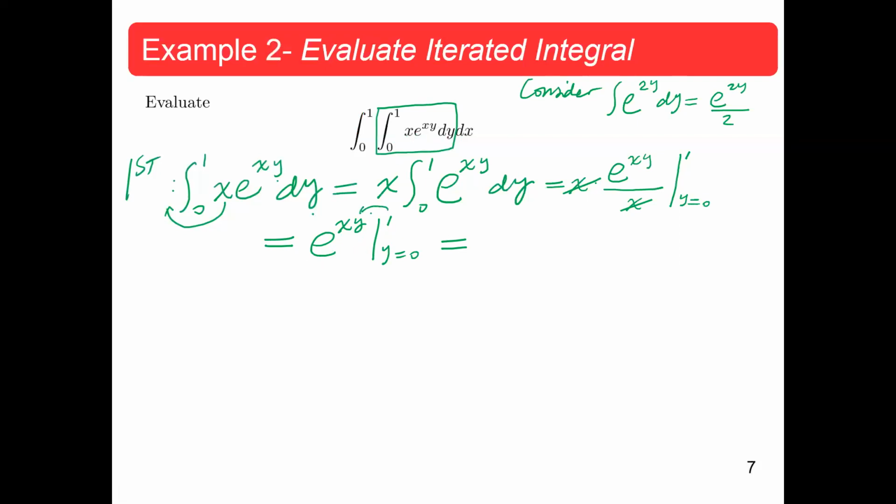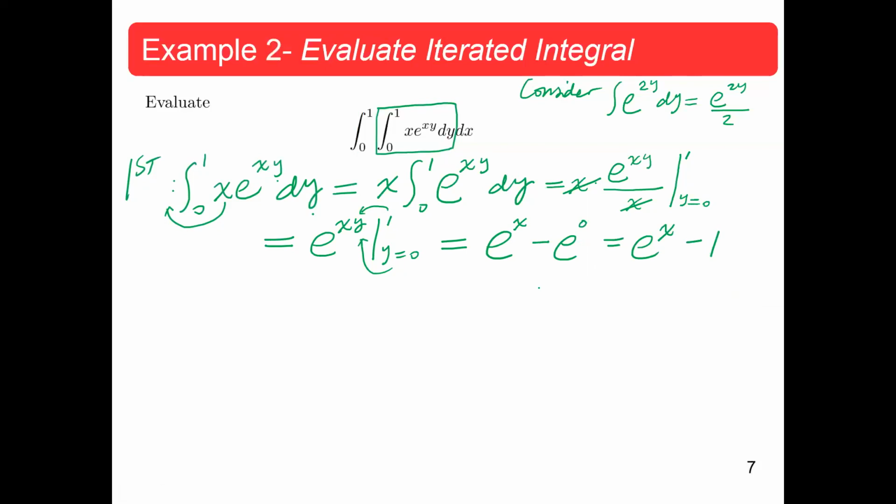Then let's plug 1 in and plug 0 in. We have e raised to x times 1, which is x, minus e raised to x times 0, which is 0. Here, because we're doing e to the 0, you can't say this is 0. This is actually a value, which is 1. So it'd be e to the x minus 1.